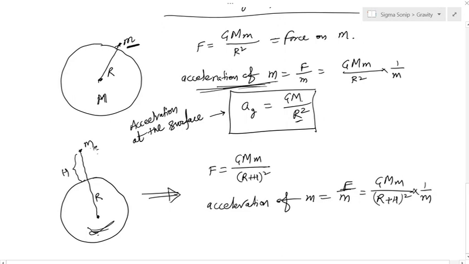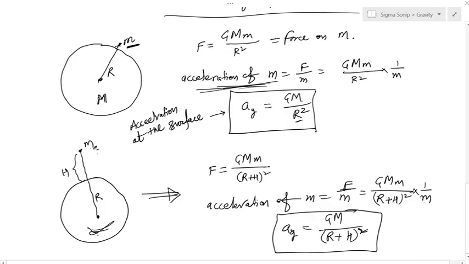You divide by m, and you come out with G M divided by (r plus h) square. So that, in a way, could be the general formula that you would use.